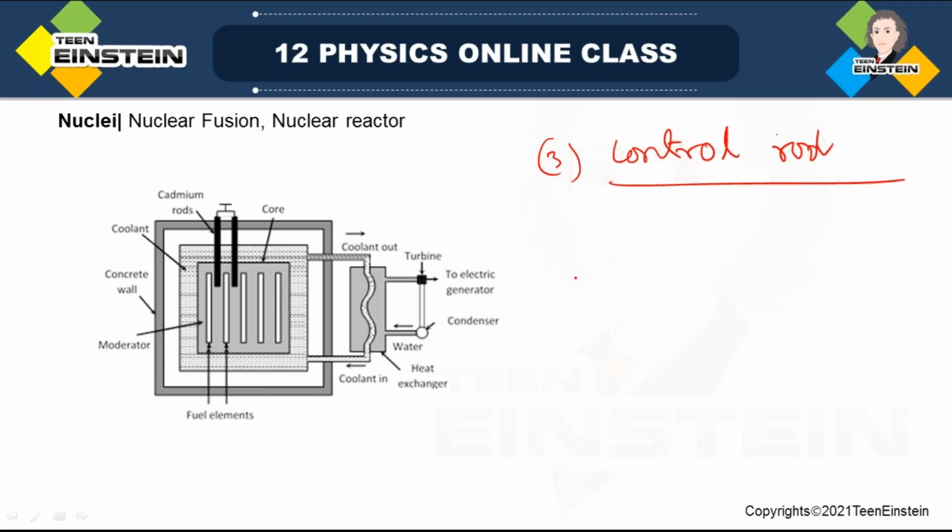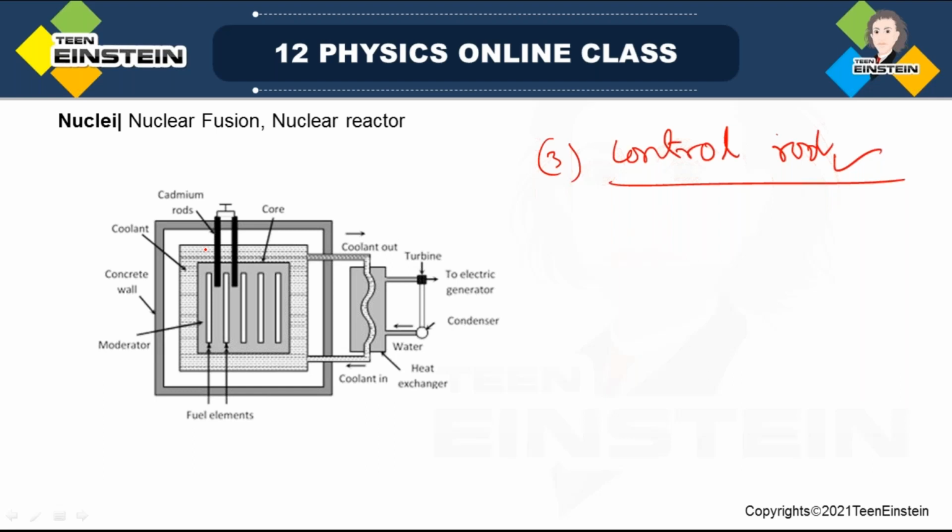If you have an excess amount of neutrons, those excess neutrons will be absorbed by the control rod. Control rods are generally made of cadmium. Cadmium rods are called control rods. This cadmium is used to control the reaction in the reactor. Okay.